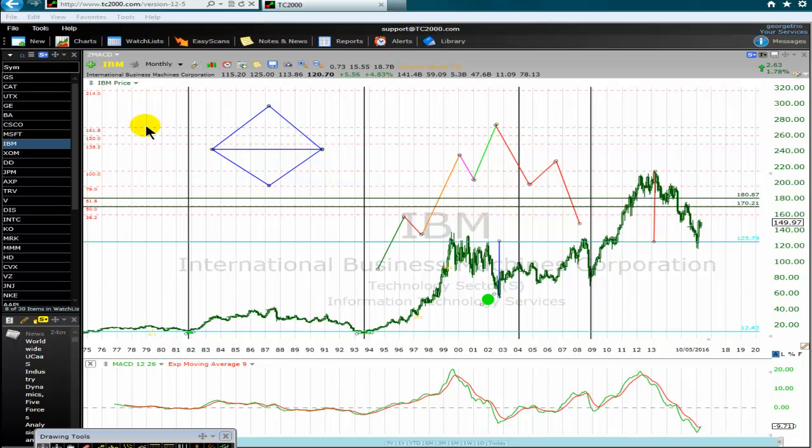The financial instrument that we will use for this discussion is IBM stock, International Business Machines Corporation, on a monthly chart. When we are talking about a cycle, for instance, a yearly cycle will be from the 1st of January 2016 up to the 1st of January 2017.